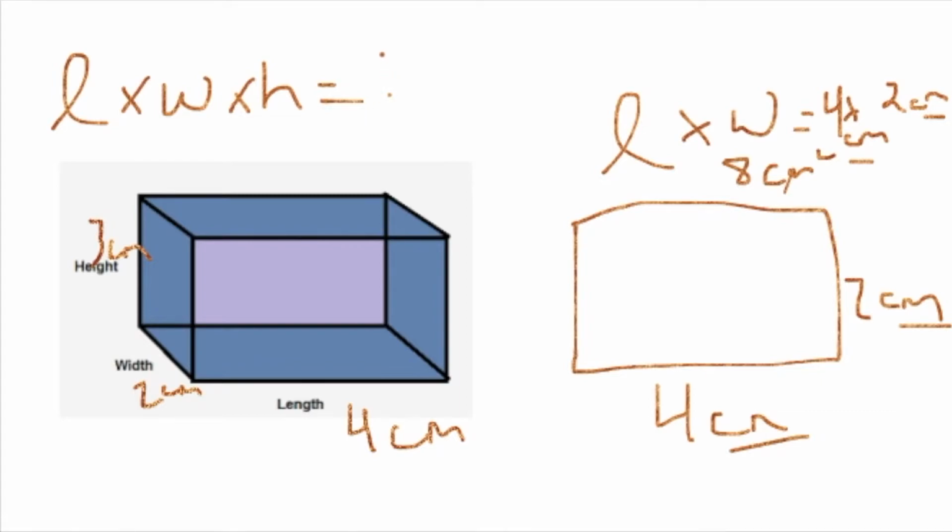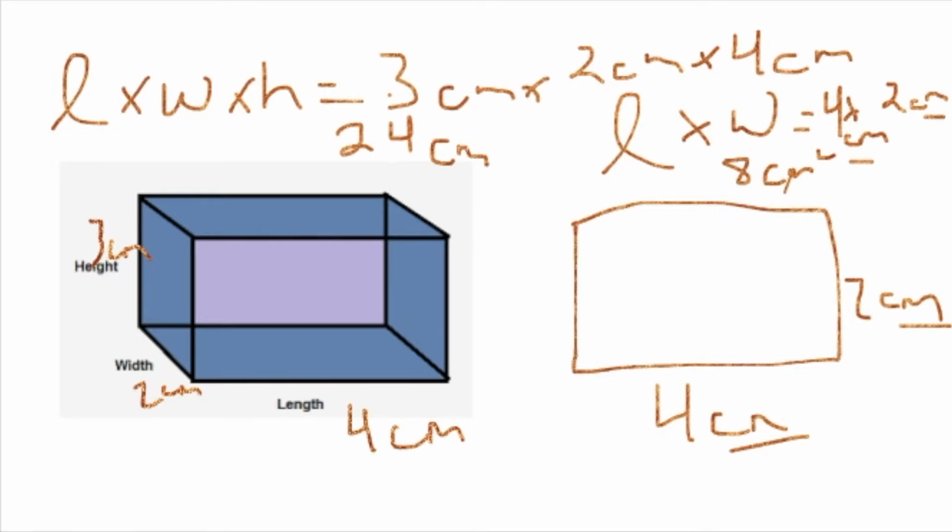So this would be 3 centimeters times 2 centimeters, oops, not the squared yet, times 4 centimeters, and this is going to be 24 centimeters cubed. The little raised 3 means it's cubed, which means it is a 3D shape because we have 3 sides that we are multiplying together. That's where the cubed comes from.